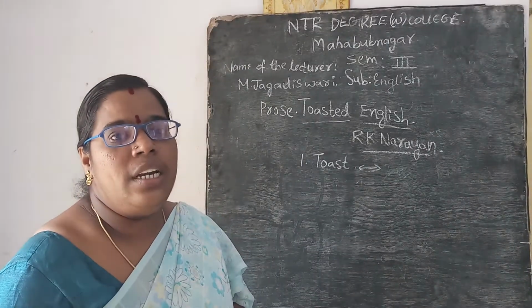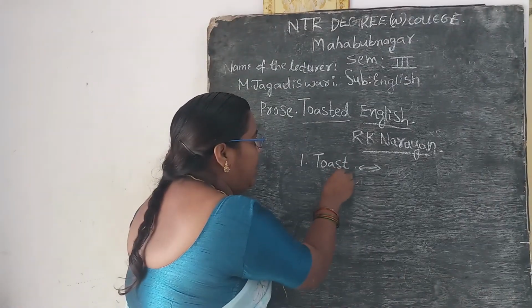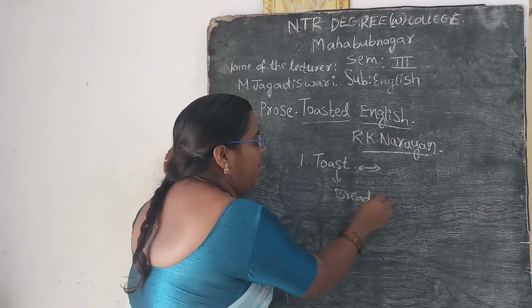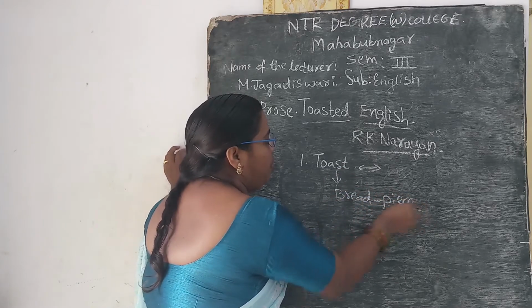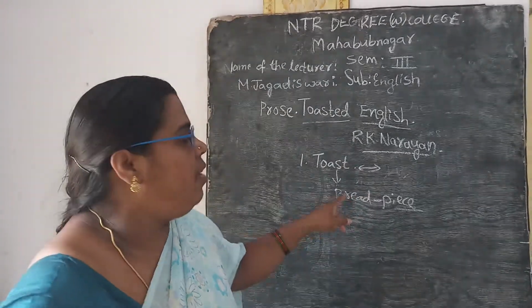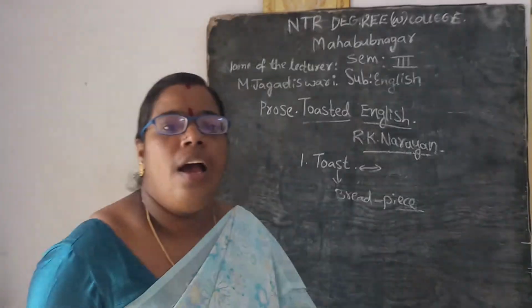It can be seen from the word toast that it refers to a bread piece. You can give the example of toast with a piece of bread, which you have in your homes.